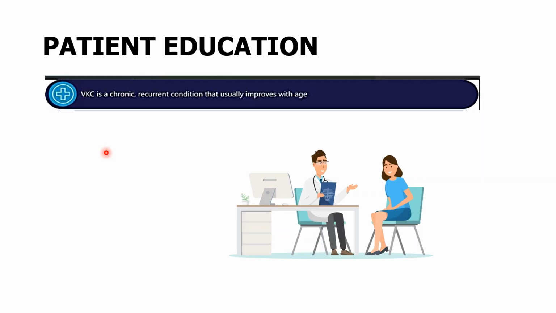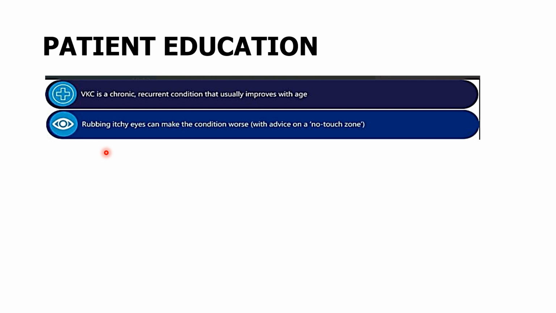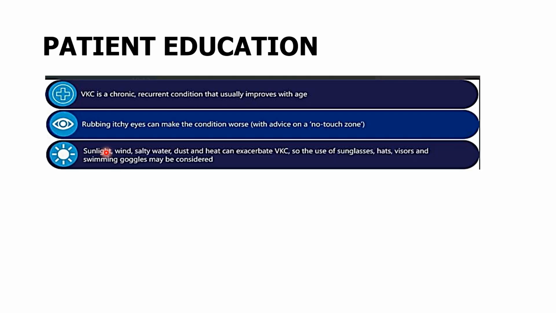Patient education is something that is expected from you. VKC is a chronic recurrent condition which usually improves with age. This is what you're supposed to tell your patients and also their attenders. Also advise them that rubbing of these itchy eyes can make the condition worse, with advice on a no touch zone. Sunlight, wind, salty water, dust and heat can all exacerbate VKC.